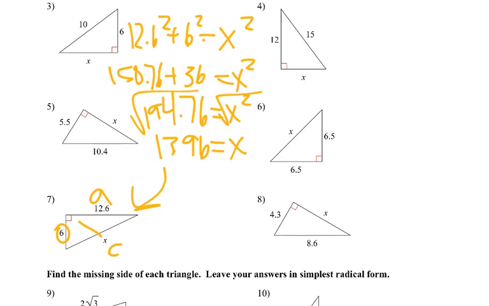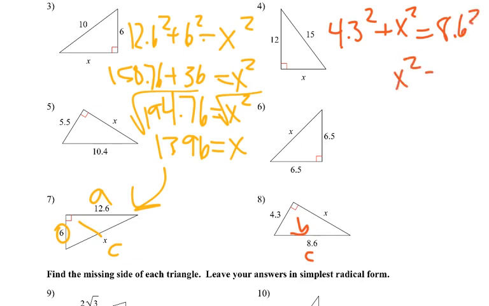Okay. So number 8, the hypotenuse is 8.6. X is not always the hypotenuse, so be aware of that. So 4.3 squared plus x squared equals 8.6 squared. So 8.6 squared is about 73.96. 4.3 squared is about 18.49.